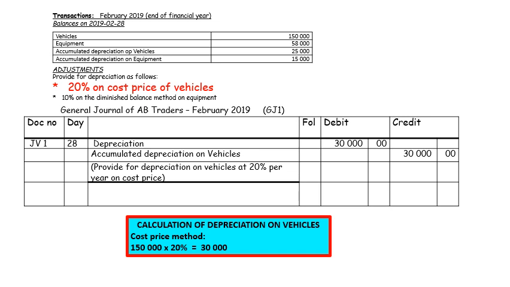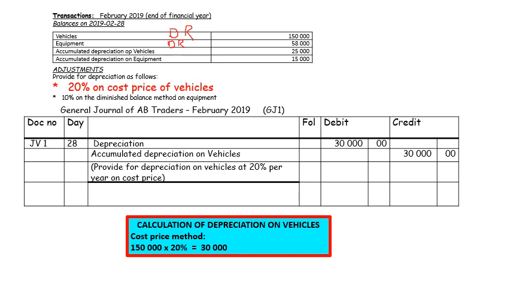So we now have to write off depreciation on vehicles. Before we do the writing off the depreciation, I want to explain the new accounts. You know that vehicles are an asset. An asset has a debit balance. Equipment is an asset, so equipment will also have a debit balance.